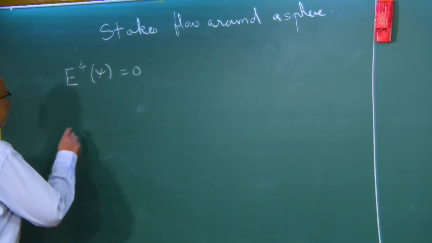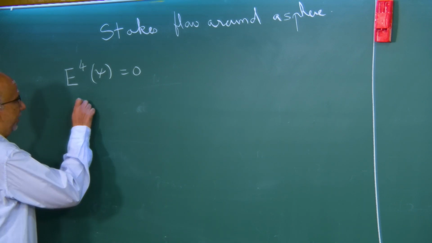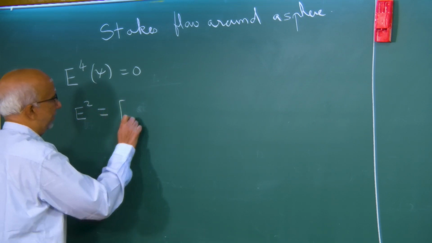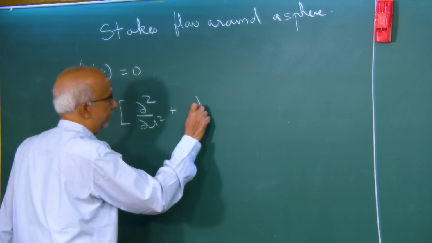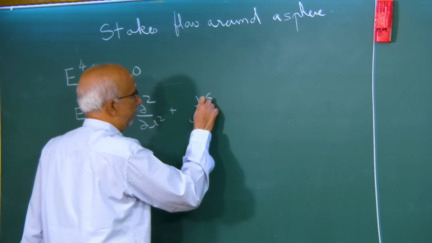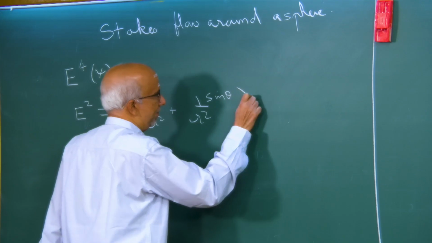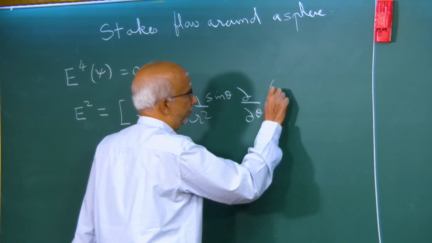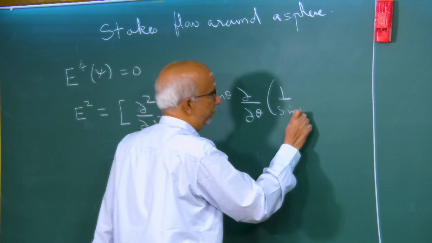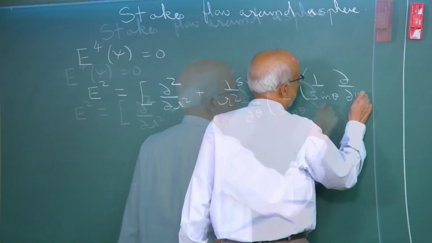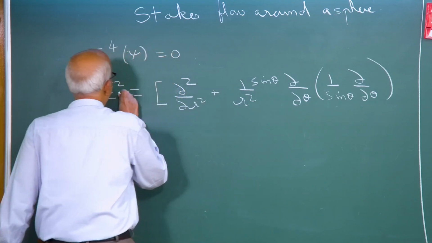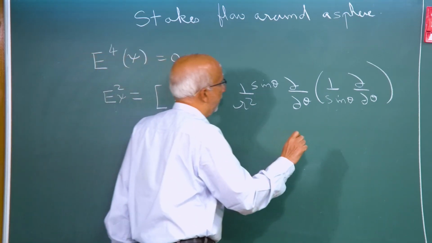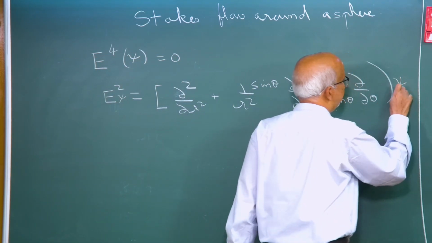Now E squared is this plus sin theta. So E squared psi will be this thing operating on psi.